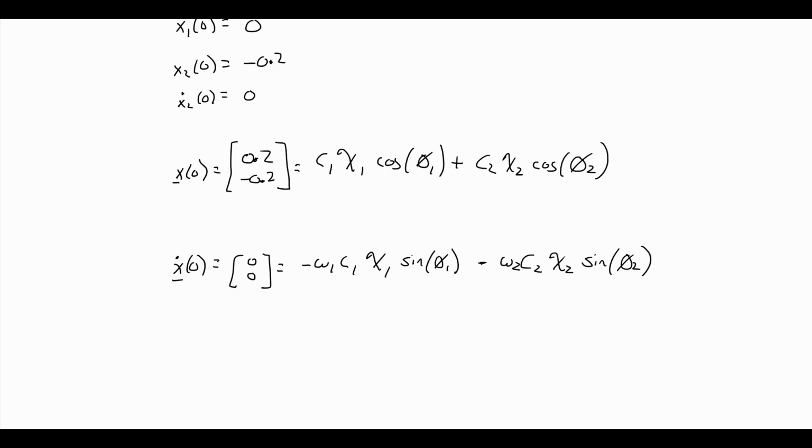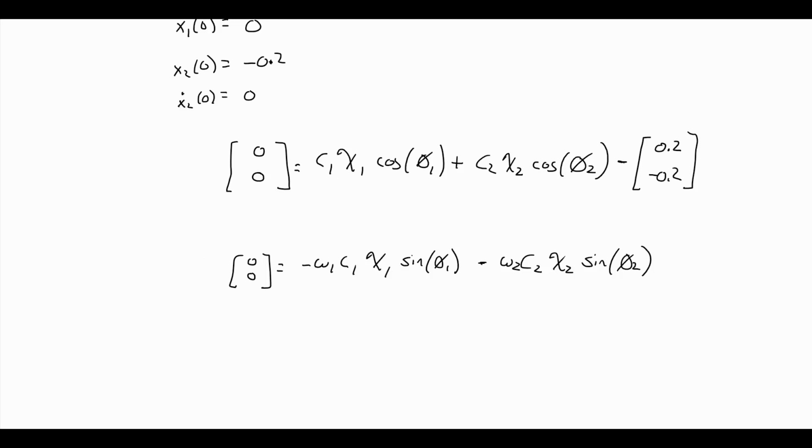So the one thing I want to do to set it up to work with the fminsearch is I want the left-hand side to be 0 in both of these, which for the x dot it actually already is, but for the general form, I'm going to subtract off this vector from both sides, and that will make this then 0. And these are the expressions I'm trying to make 0.